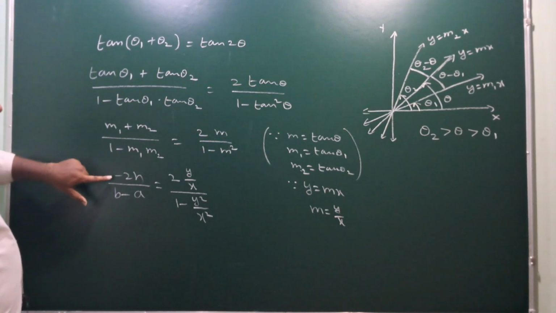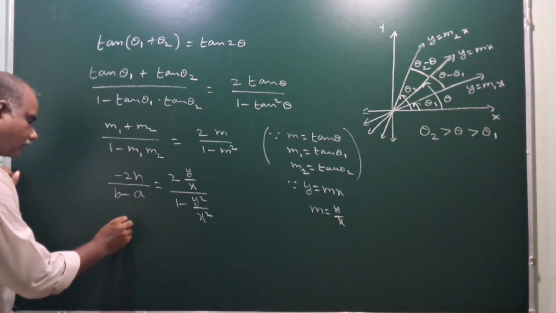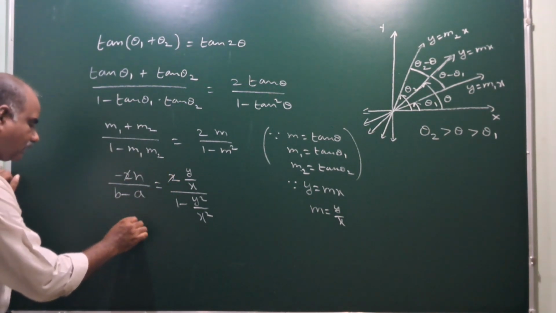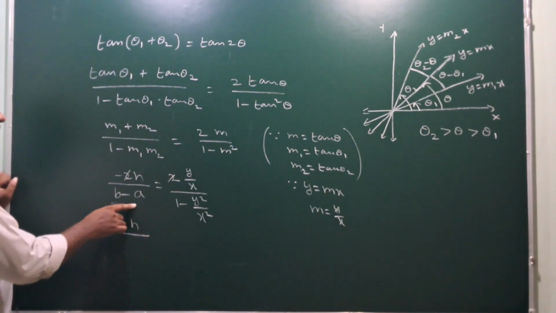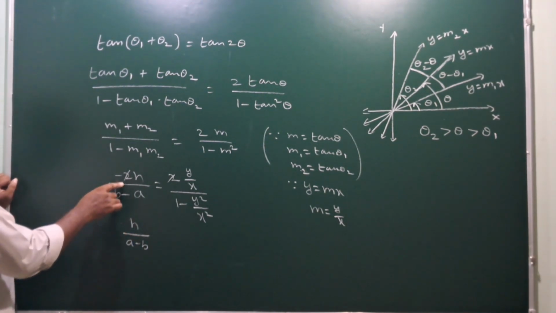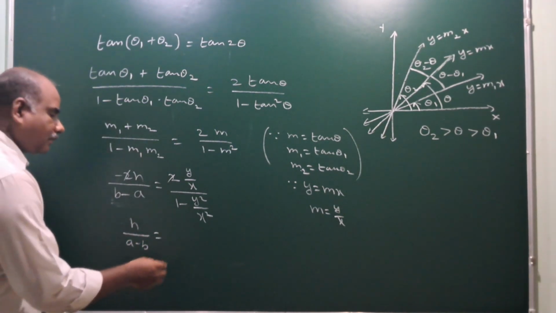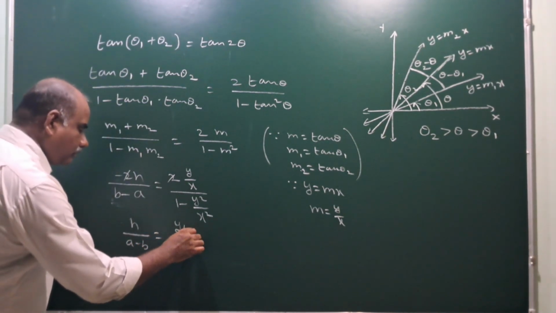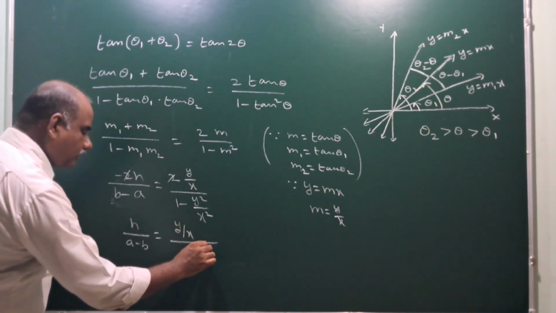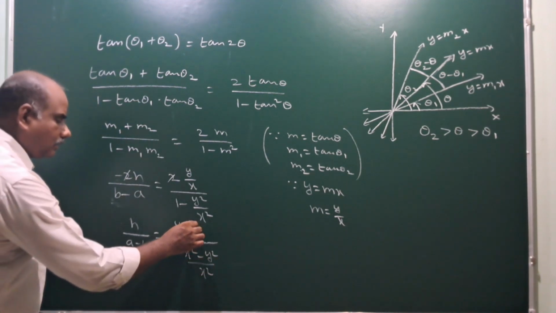Multiply the denominator with this minus, cancel the 2 on both sides: h by a minus b on the left side, and on the right side y by x, take LCM here, x square into 1, x square minus y square by x square.